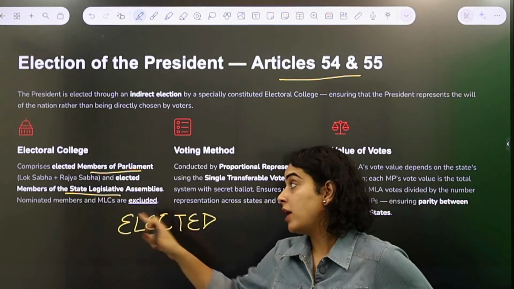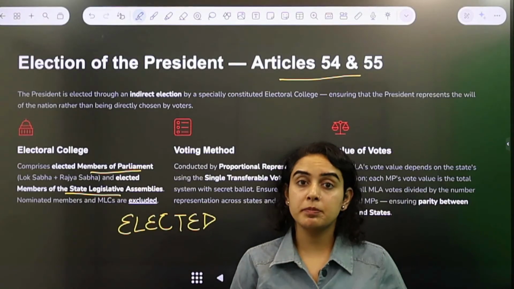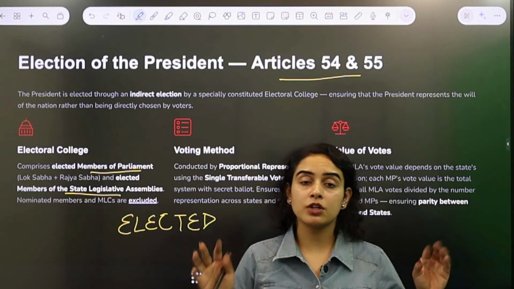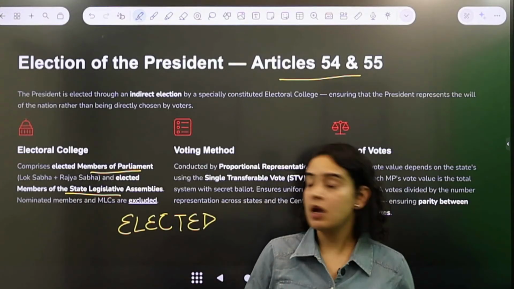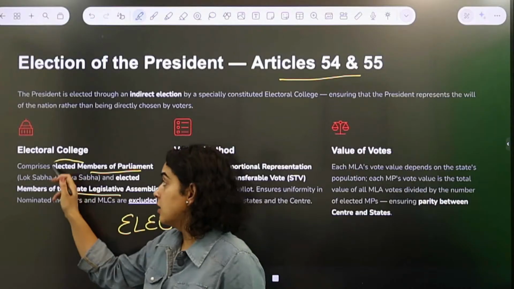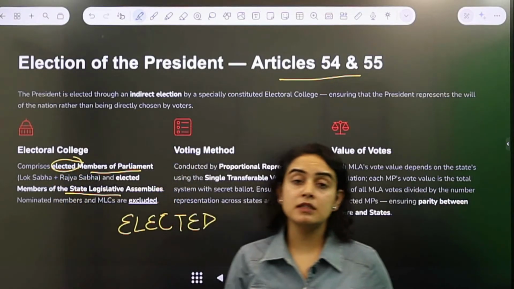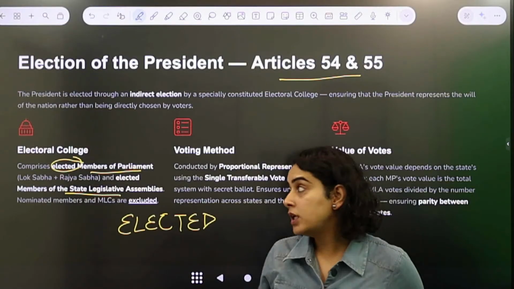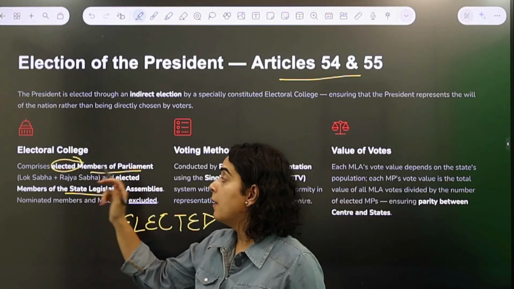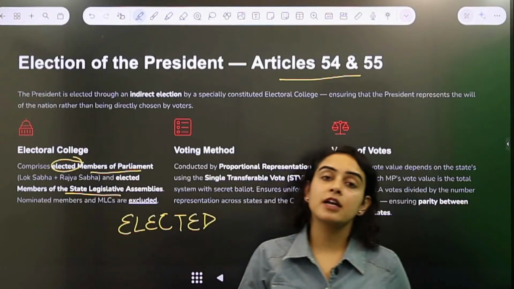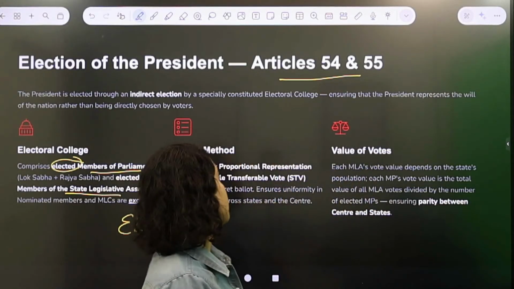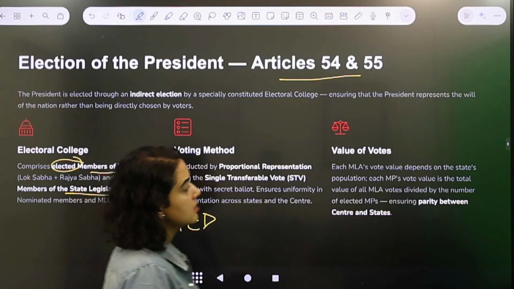But those 12 members cannot participate in the election or in the voting of a president. Only elected members, meaning people who have actually won elections, can vote to decide who is going to be the president of India. And they're going to participate in this system.